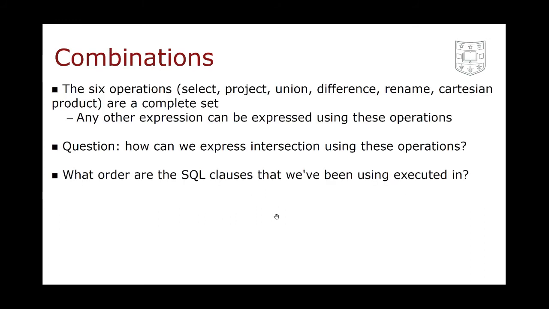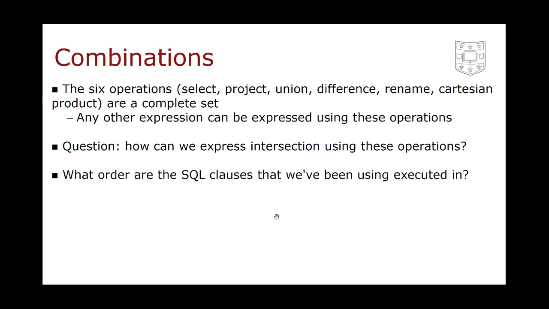All right. So combinations, we've actually seen all but one of the relational algebra operations that I'm going to show you in this class. Of the ones that we've seen, 6 of them are considered to be what's called a complete set.